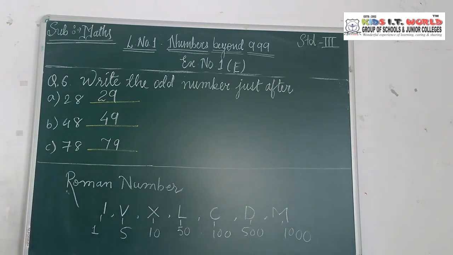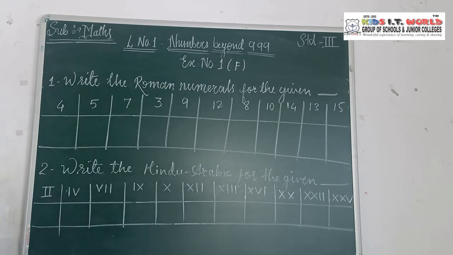Okay, so let's see the exercise on the basis of Roman numerals. Now let's see the example for the Roman numerals. Here is question 1 for the exercise, first step. Write the Roman numerals for the given Hindu Arabic numbers.